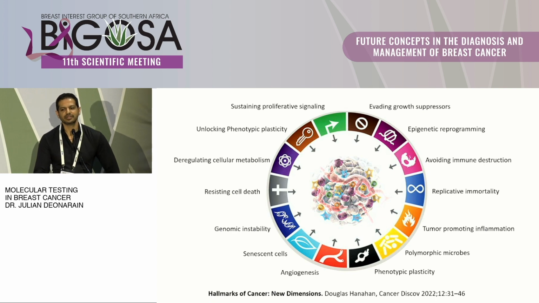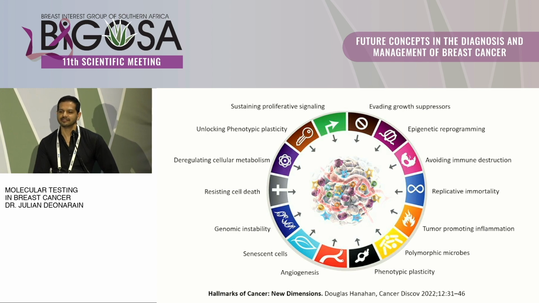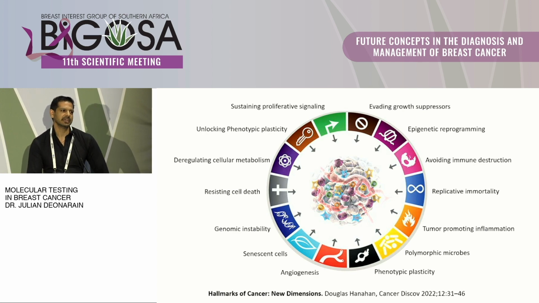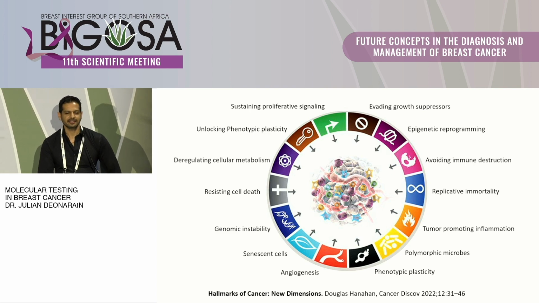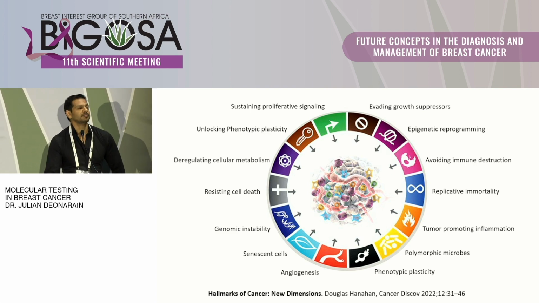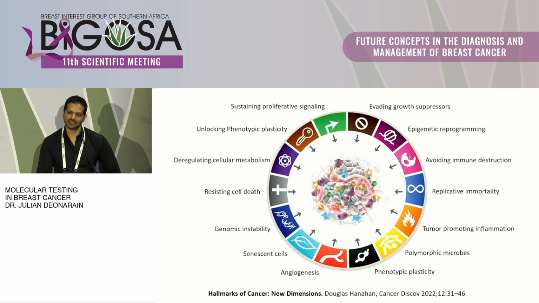The third one, which I will elaborate on a bit later, is that tumor cells learn to avoid our own immune destruction. Then the cells exhibit replicative immortality, and this has to do with telomere shortening, so they have found a way to evade that. Tumor cells also can produce their own inflammatory markers, like cytokines, which promote their own growth.